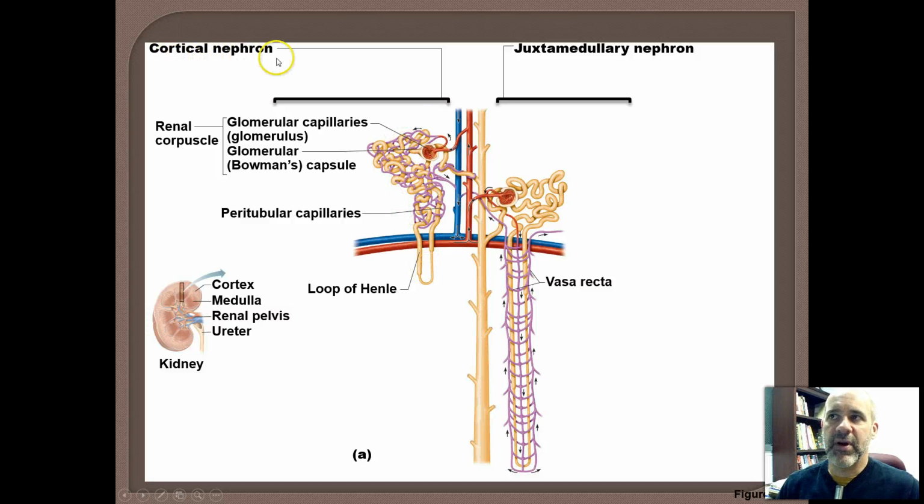Most of the nephrons in your kidneys are located in the cortex. Those are called cortical nephrons. And then you have some that are called juxtamedullary nephrons, and those have the really long loops of Henle that go way down into the renal pyramids or the medulla. They hang way down in there.